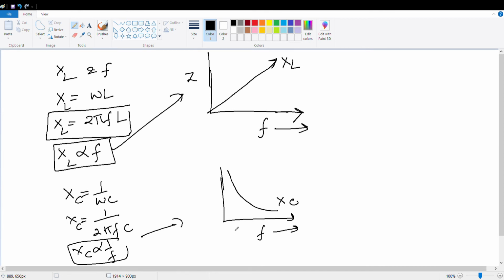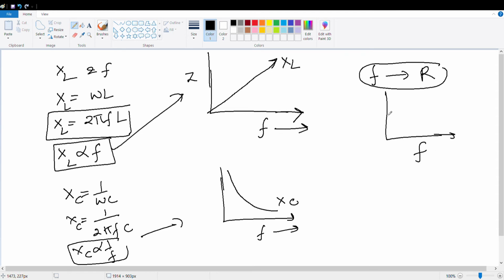And how is frequency dependent on R? Frequency and R are independent, yes or no? Why? I told you there is no phase difference, so frequency doesn't matter. So even though you are changing frequency, R will be constant.